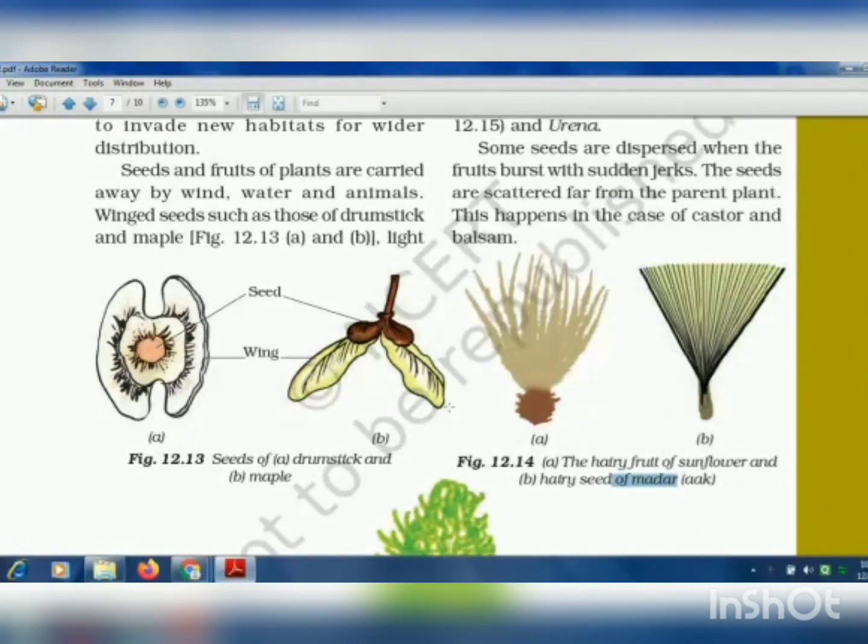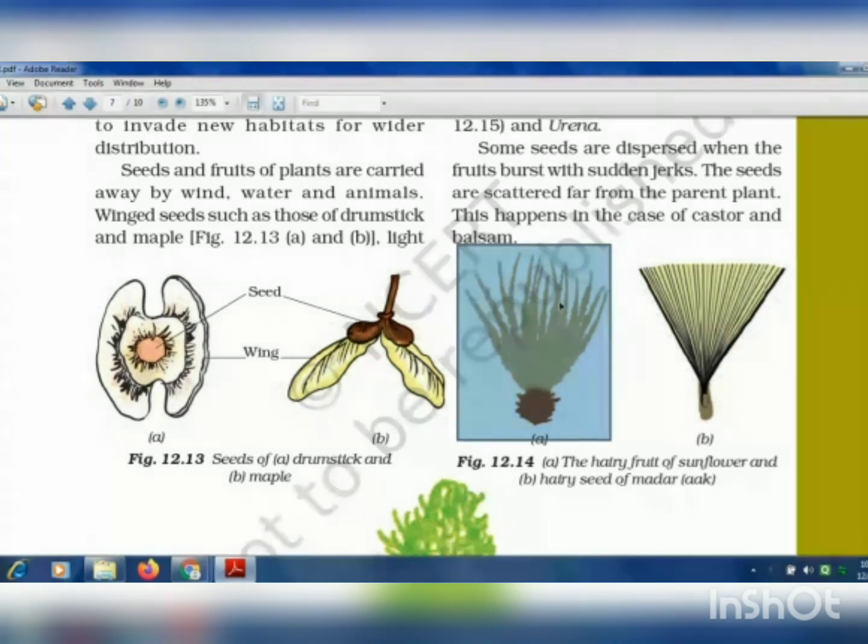Looking into how the seed or fruit of different plants get transferred from one place to another because of the wings that are present on the seed or the fruit, or because of the hair-like structures which are present on the fruit or seed of the plant.